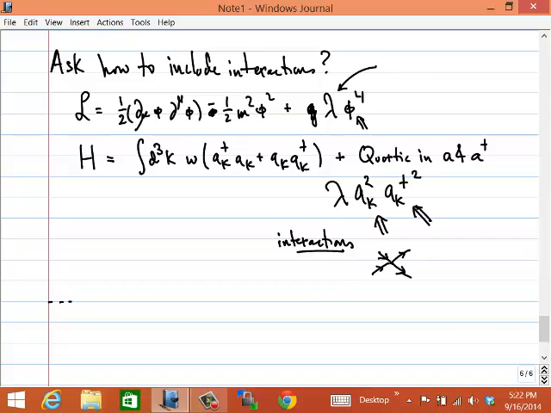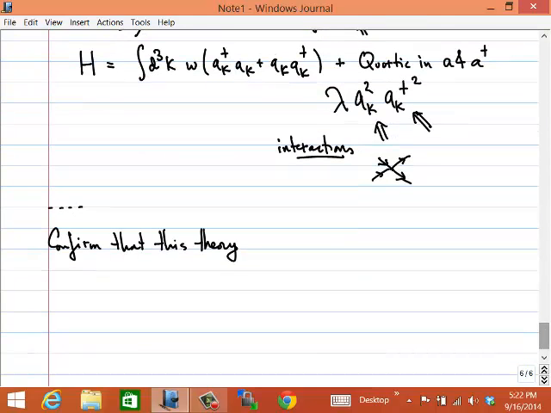So before we continue, what I'd like to do is confirm that this theory of quantum field theory based on a field variable phi preserves causality.